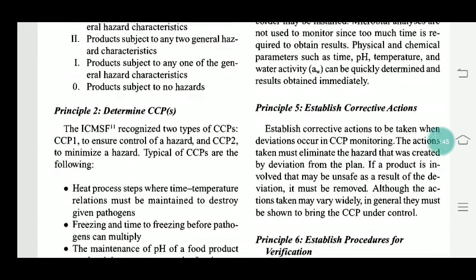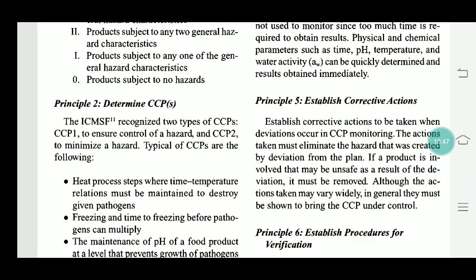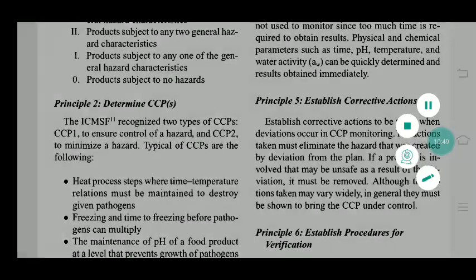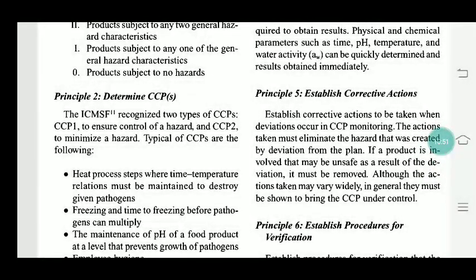Now, the fifth principle is to establish corrective actions. After monitoring the CCP, we continuously learn about all the physical and chemical parameters of our food or any of our products. So we are going to establish a corrective action. We are going to try to eliminate the hazard or contamination which is present in the food.